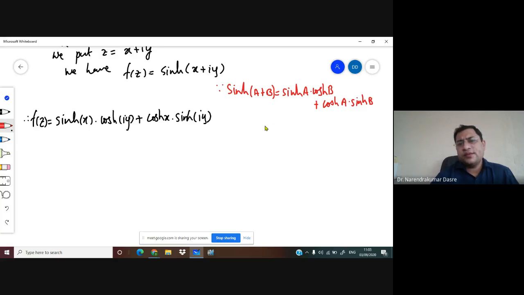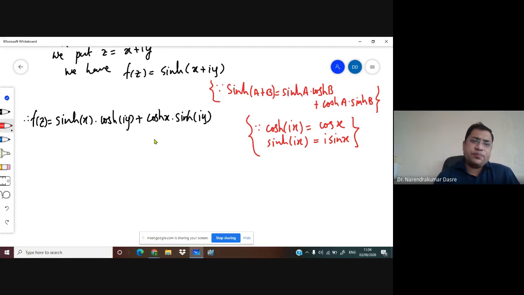Now what we know is, cos hyperbolic ix is equal to cos x and sine hyperbolic ix is equal to i times sine x. These are the formulas from hyperbolic functions that we have already studied in Sem 1.